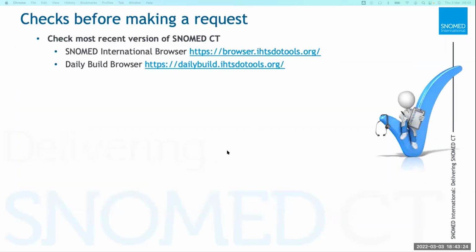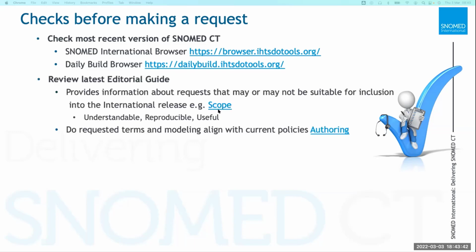So just some key ideas in terms of the fundamentals of this. When you're making a request, if you're trying to get content added, it's always worth checking the international and the daily build browser to see whether that content already exists. It's also worth looking at the editorial guides.